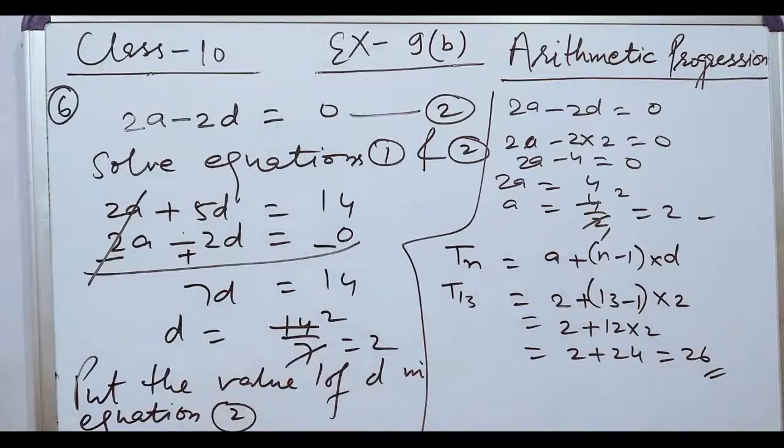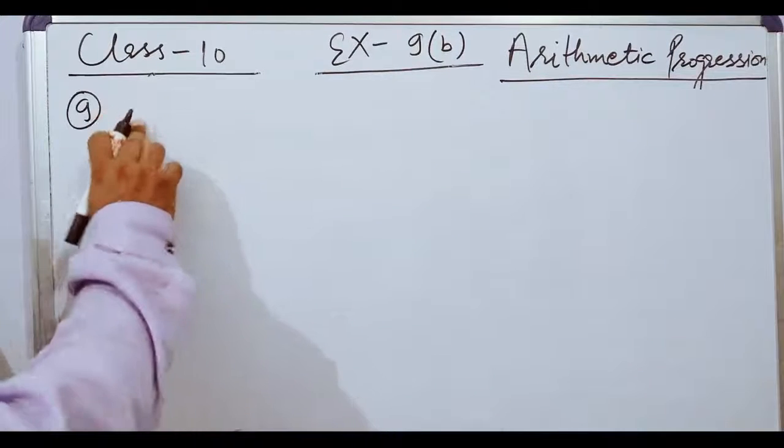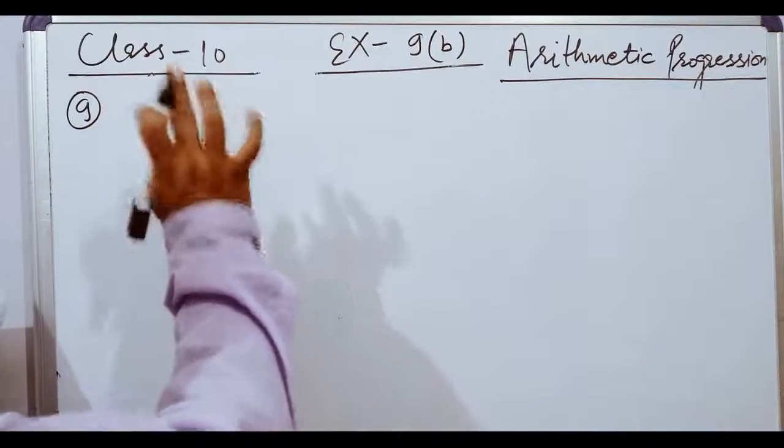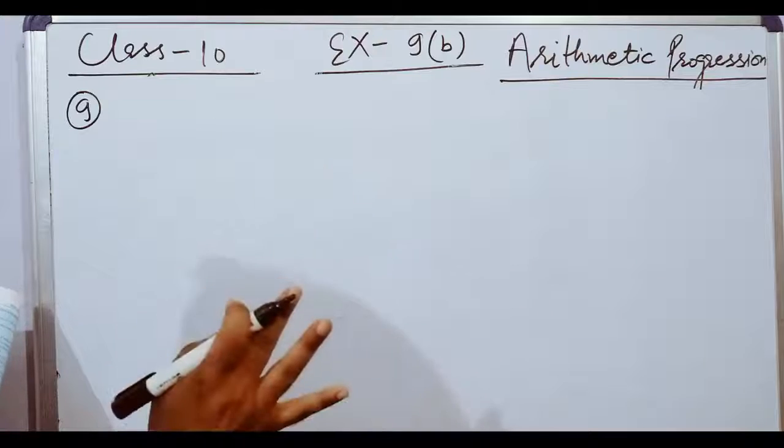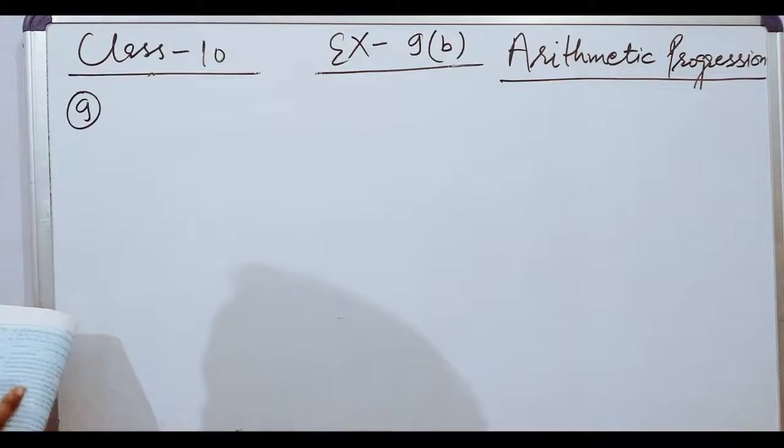Now question number 9. In an AP, if the 12th term is minus 13, the sum of its first 4 terms is 24. Find the sum of 10 terms.